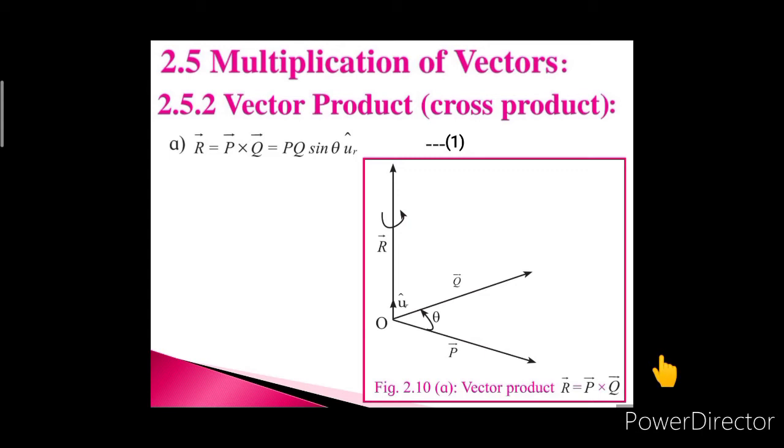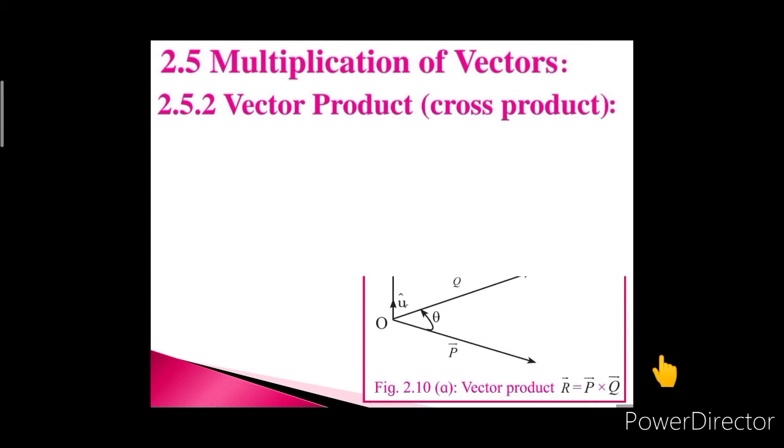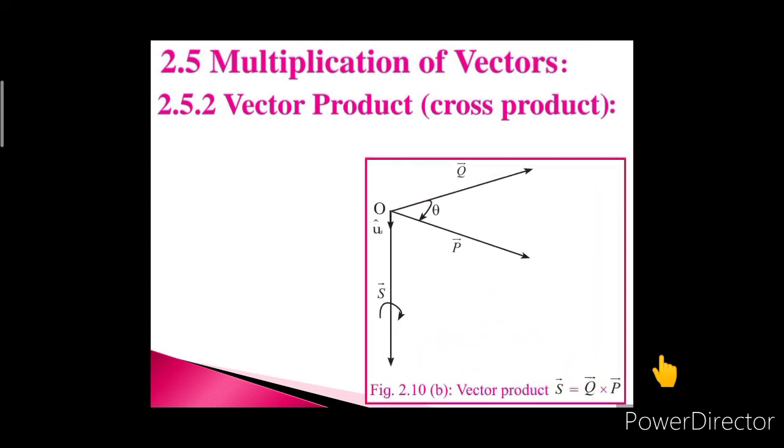But now when we are changing the order of multiplication, that means when we are closing the cap of a bottle, the rotation is in the clockwise direction, and hence the cap is closed. Its direction is moving in the downward direction. The cap of a bottle is moving in the downward direction while closing it.